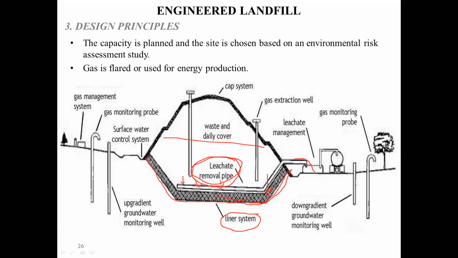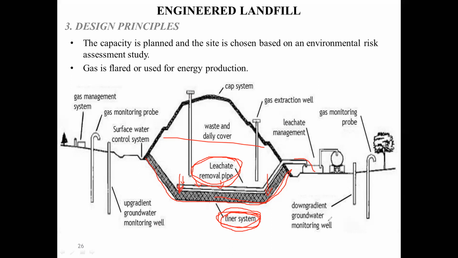Here they act as a separator material, separating the waste as well as the soil. So we are going to be designing this liner system, whether we use geomembranes, geotextiles, or some clay material, so as to prevent the percolation of the waste or the leachates from the landfill to the ground surfaces. That's what you're going to be designing.